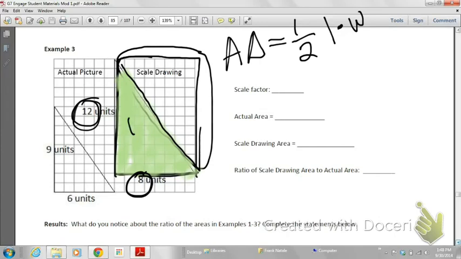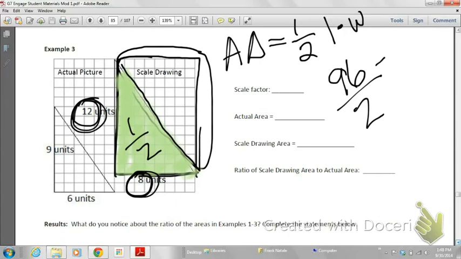So if we do 12 times 8, we get 96, and then if we cut that 96 in half, or just divide by 2, we get 38 units squared. Okay? I know we haven't gotten there yet, but just in case you had forgotten how to think about the area of a triangle, hopefully that makes sense to you.